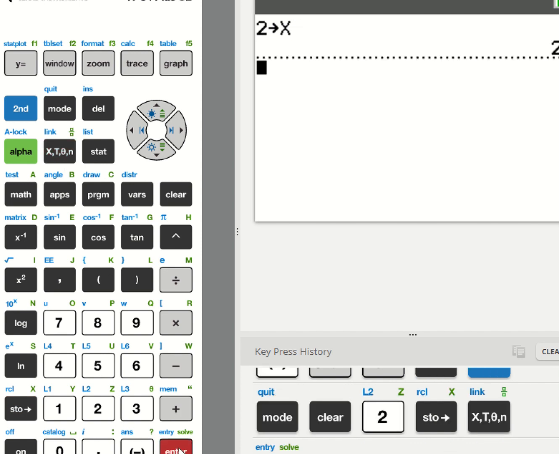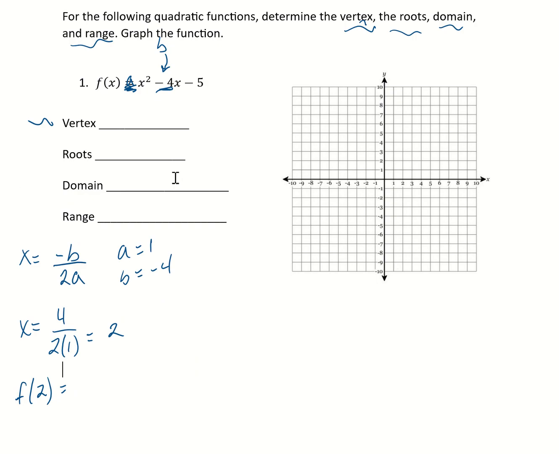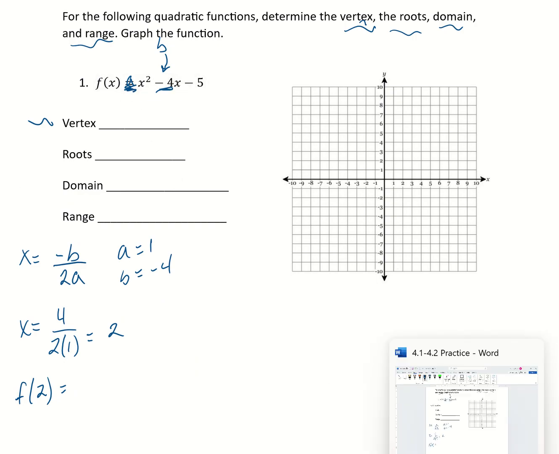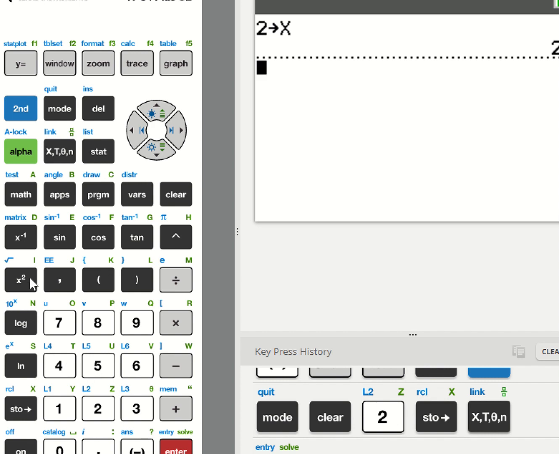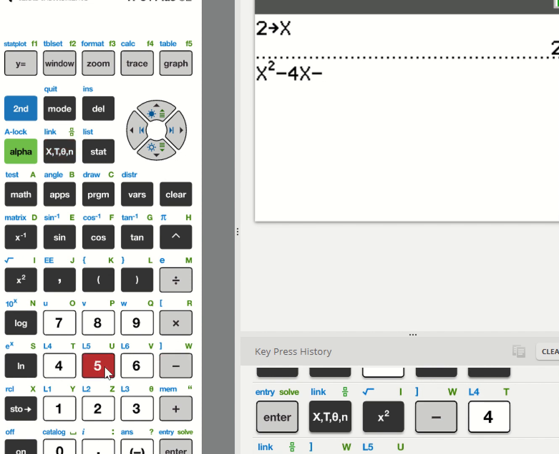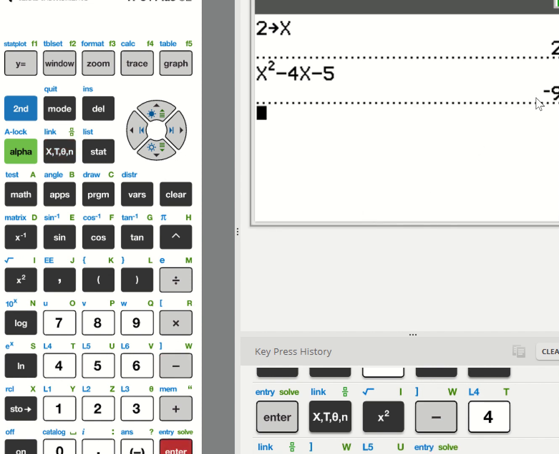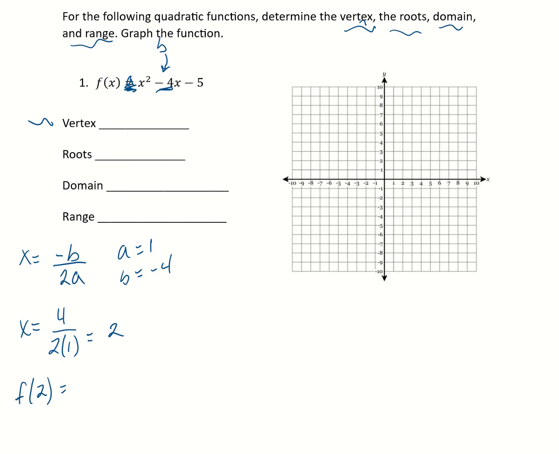Now I've told my calculator x is 2, and then we just type in the function, which is x squared minus 4x minus 5. X squared minus 4x minus 5, and we get negative 9. So I'll go back here. And so now I know my vertex is at 2, negative 9.